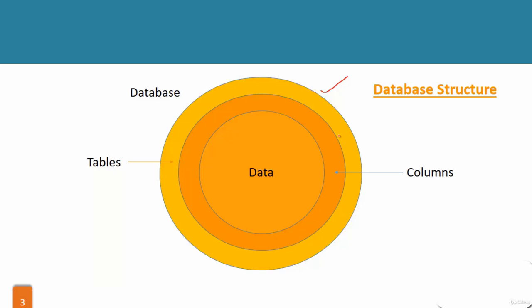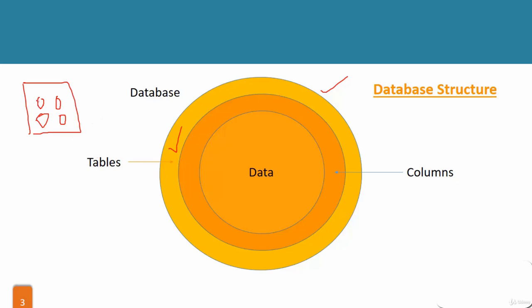For example, if the database has 4 tables, you will see 4 tables inside the database like this, right? So these are called tables. Tables are inside the database. This is a shell for tables.